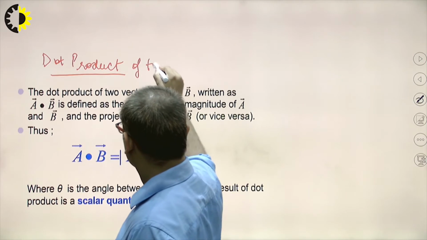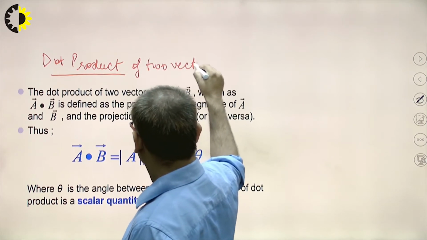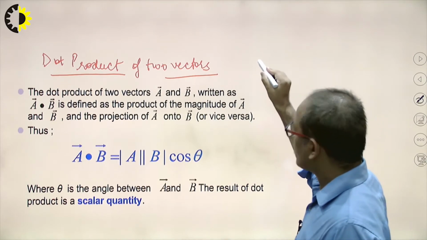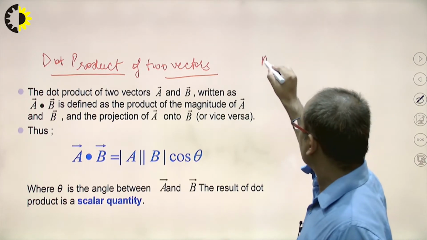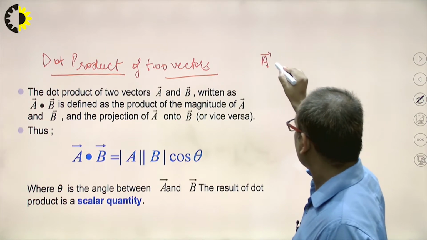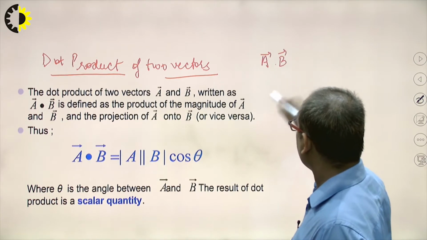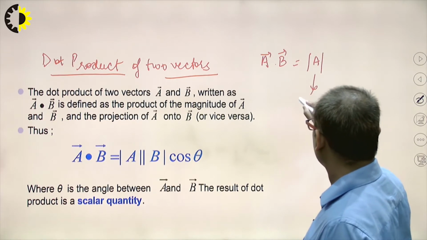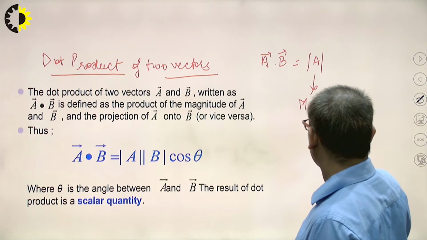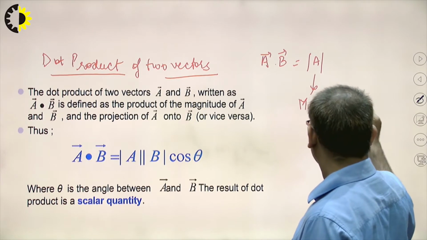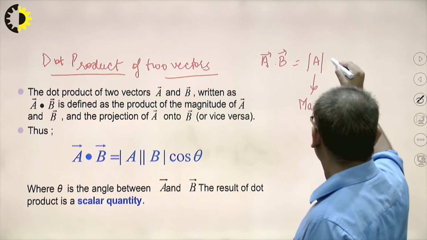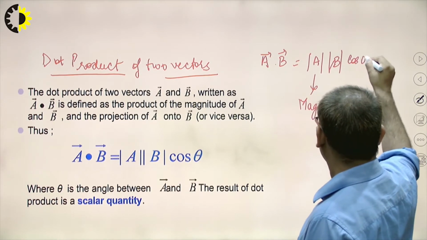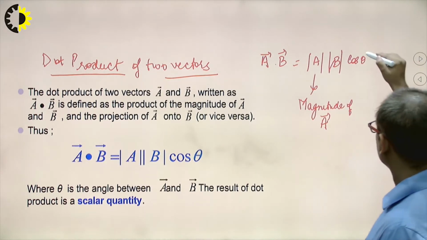Clear? Now see, if I want to multiply two vectors, that is A vector dot B vector, that will be equal to the magnitude of A vector and the magnitude of B vector multiplied by cos theta. What is this theta?